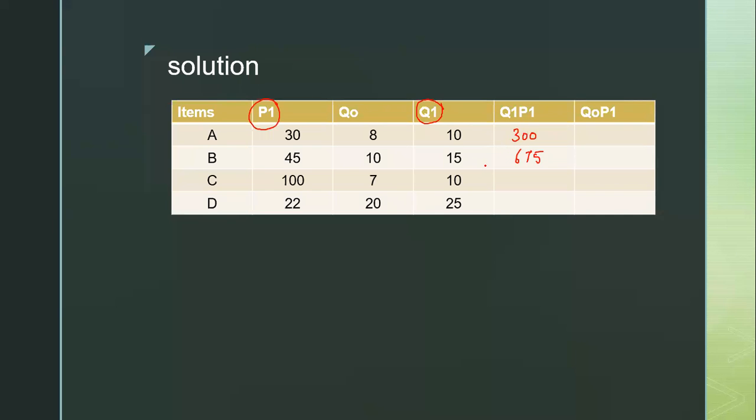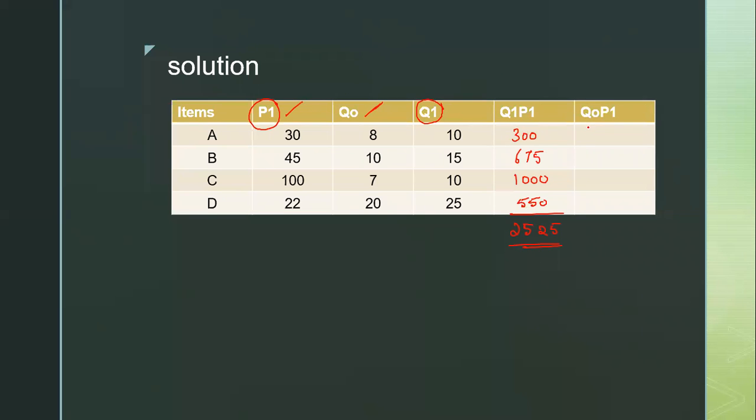Third one, 1000. Last one, 22 into 25, 550. What is the total of this? Total is 2525.